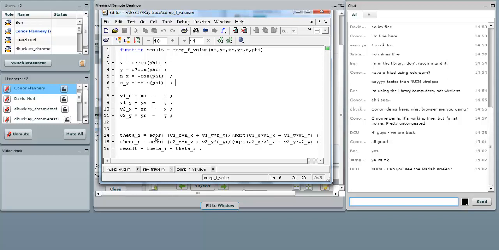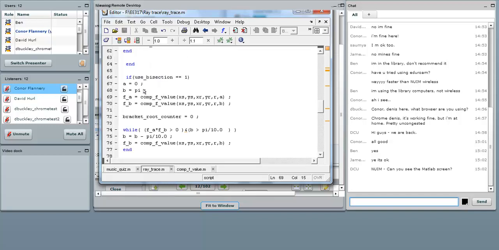This will now return an angle between 0 and 2 pi. Okay, that's theta I. Do the same for theta R, and then the result F is the difference between theta I and theta R. This is the thing we want to be 0. If this is equal to 0, we found a root. That's all that. Let's go back to our ray trace.